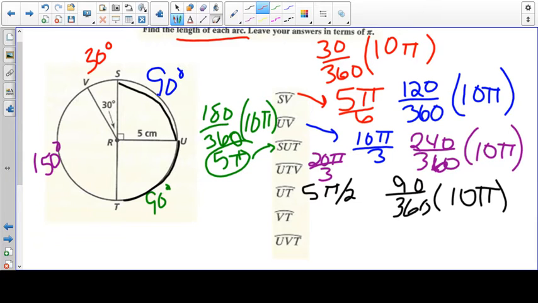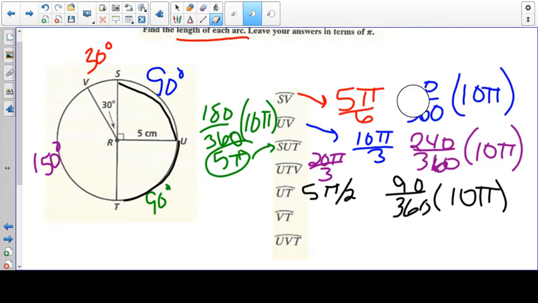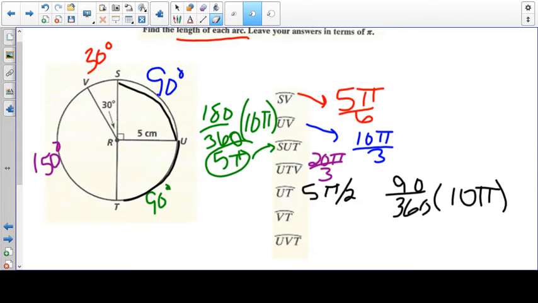Alright, I don't have a whole lot of room to work with on this board, so I'm going to erase some of it since I can't really scroll down. So that way you guys can see. I want you to be able to see where I'm getting my work. So for this next one, I'm going to pick a not fun color so that way we can still follow what's going on, but we don't get confused with other work. So we're going to look for VT.